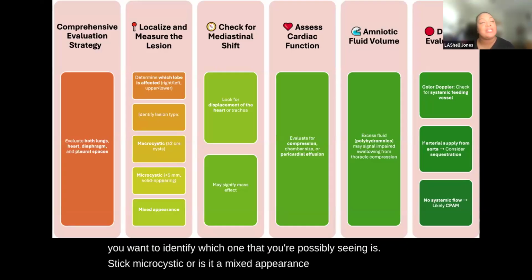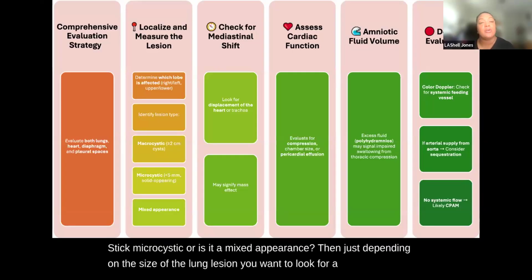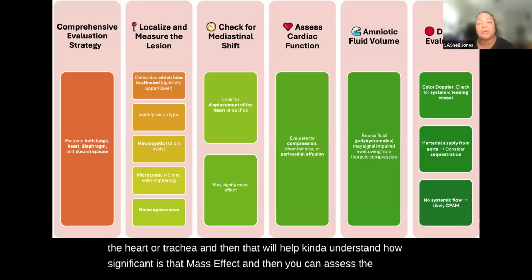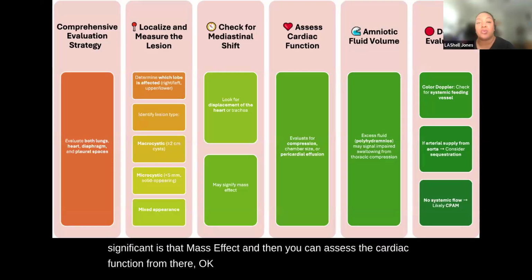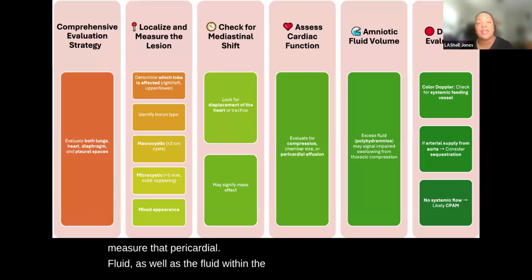Then, depending on the size of the lung lesion, you want to look for a displacement of the heart or trachea. That will help you understand how significant the mass effect is. And then you can assess the cardiac function from there. Okay, so you want to evaluate for compression and chamber size. If there's fluid surrounding the heart, you want to measure that pericardial fluid as well as the fluid within the lung tissue if it's there.